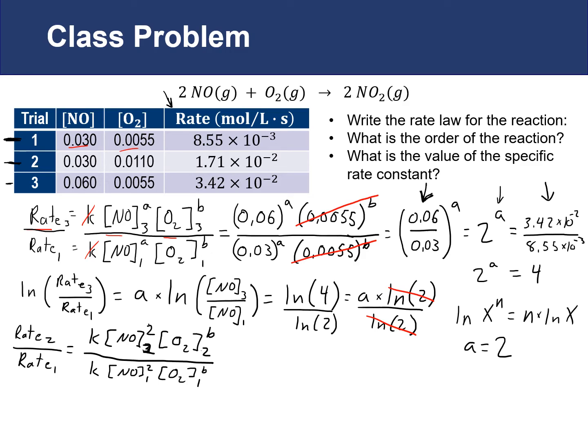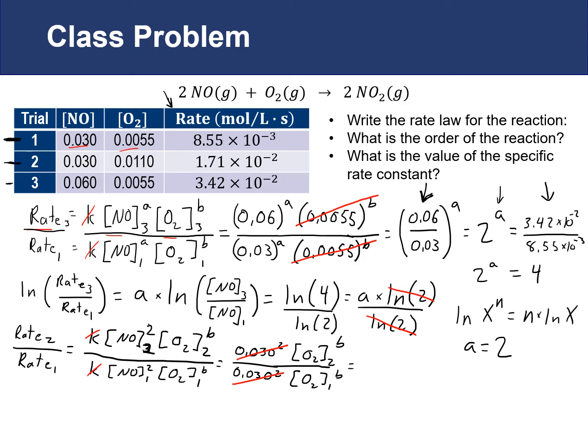Okay, so our k's are going to cancel out, right, because we're doing it at the same temperature. If we plug in our values, our NOs we will see cancel out. So this is 0.030 divided by 0.030 raised to the second power, times O2 trial 2 to the b over O2 trial 1 to the b. Our 0.03 raised to the seconds cancel out.